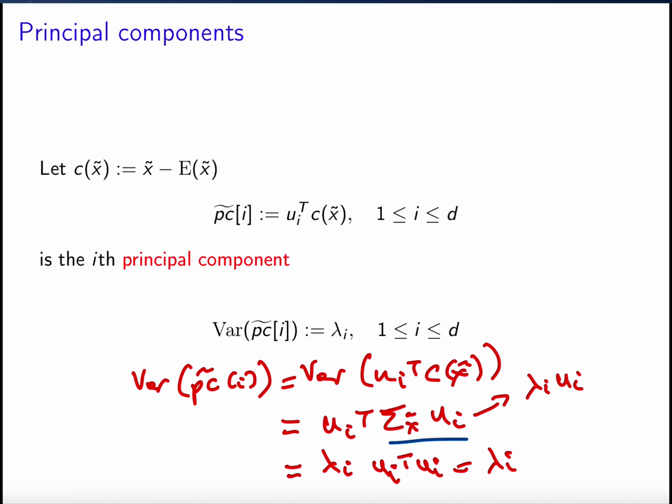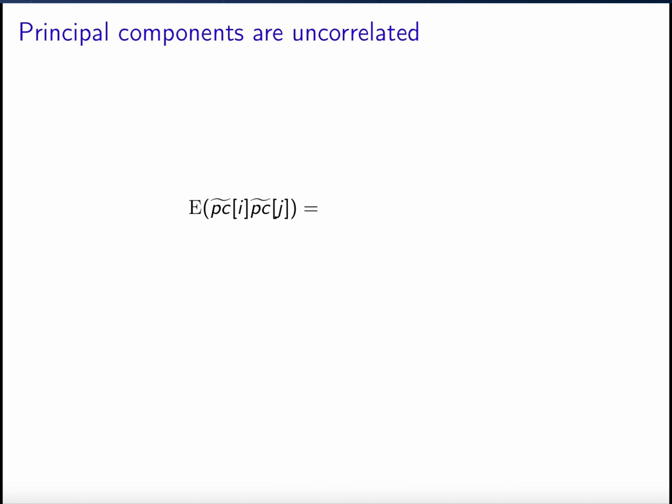We can also consider the covariance between these principal components that we obtain by taking the inner products with the corresponding eigenvectors. And that covariance is given by the expected value of these inner products. Realize that, by the way, the principal components have zero mean.